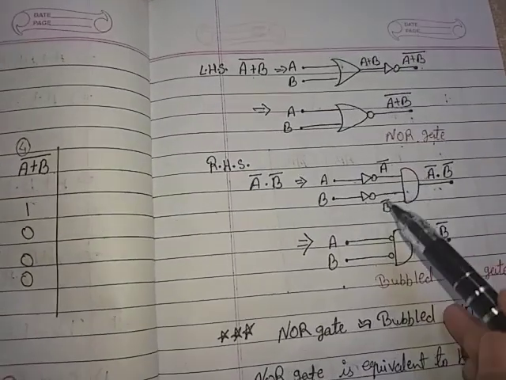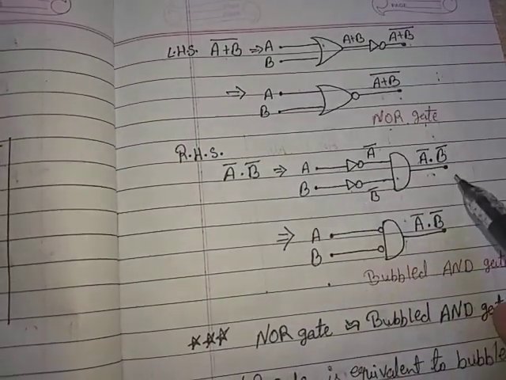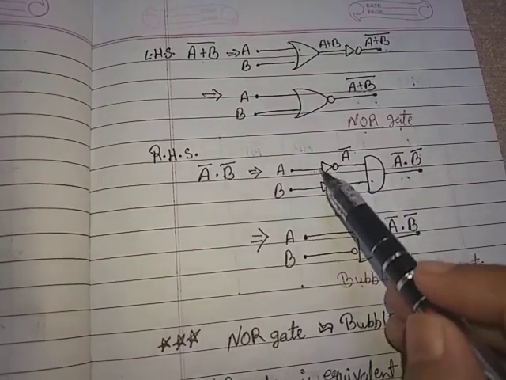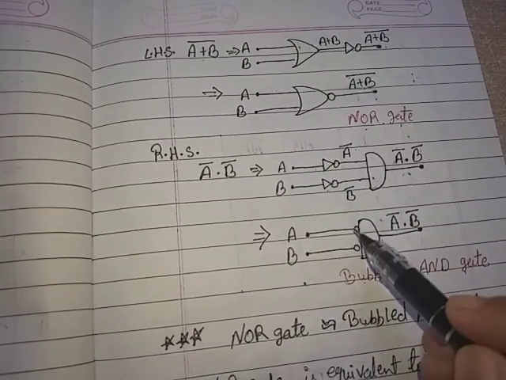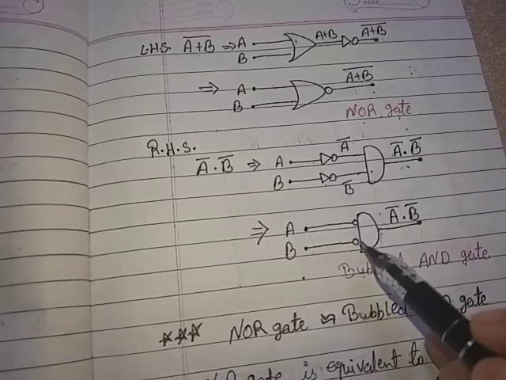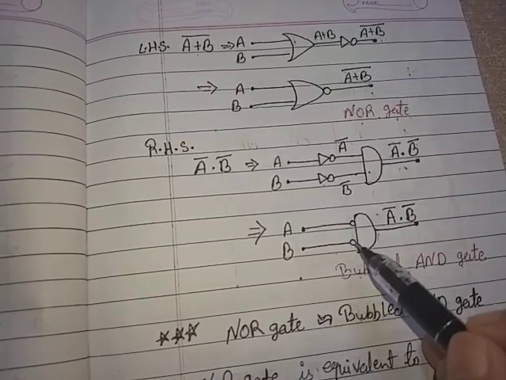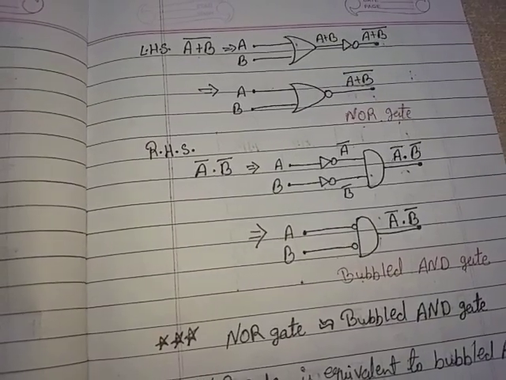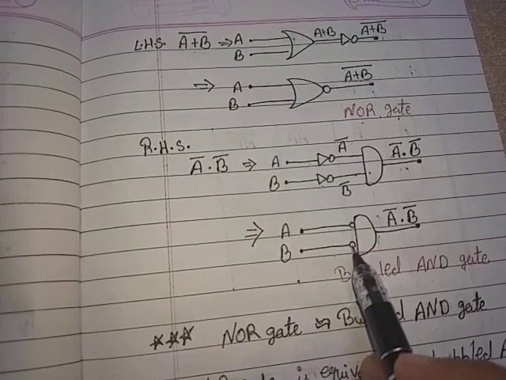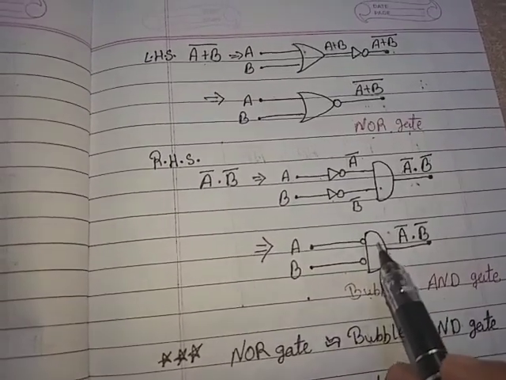Now this is known as bubbled AND gate, where instead of NOT gate we are putting bubbles before AND gate. This bubbles means complement, or we have to pass the inputs from NOT gate. So it will become A bar, it will become B bar, and then it will pass to AND gate.